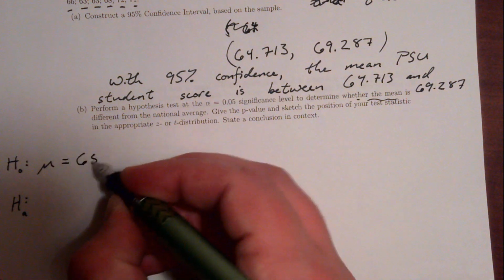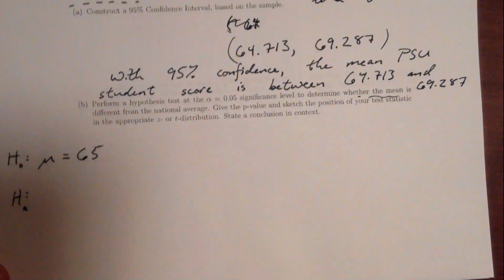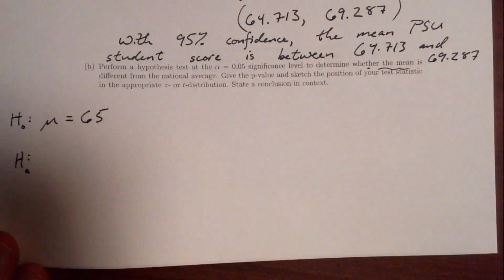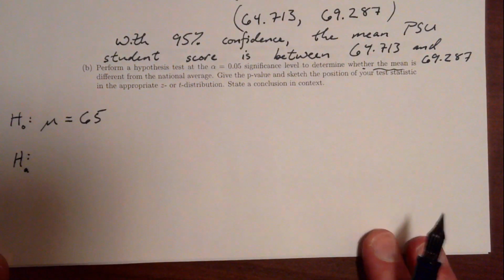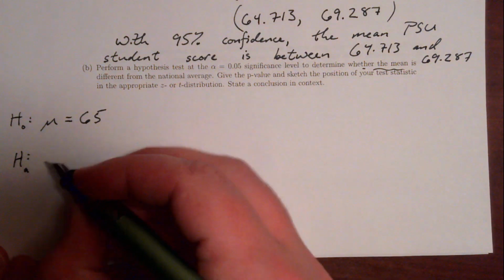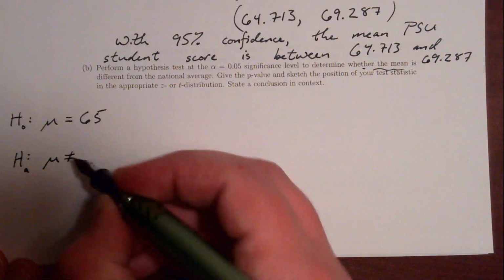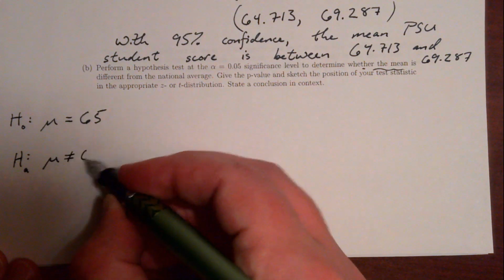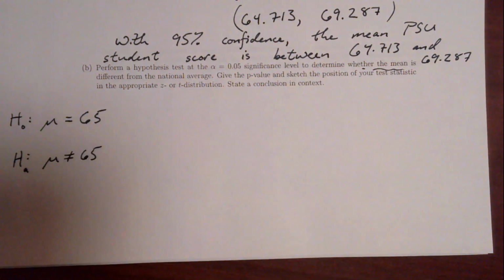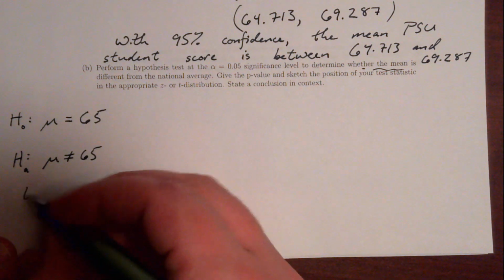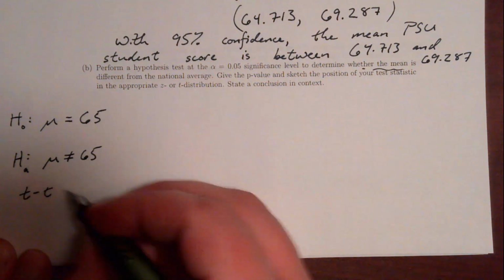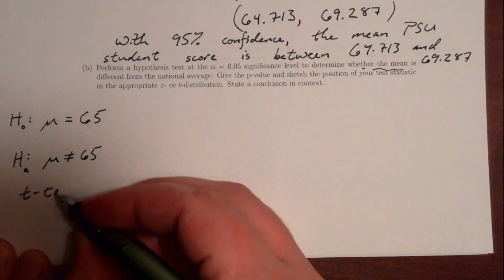So if there's no difference, then 65 was the mean of the nation as a whole. It will be the mean of PSU students as well. Here it just says different from, so that just means we are talking about the two-tailed, not greater than, not less than, but either way. Okay, and this is a t-test as usual, or sorry, as the confidence interval also was.